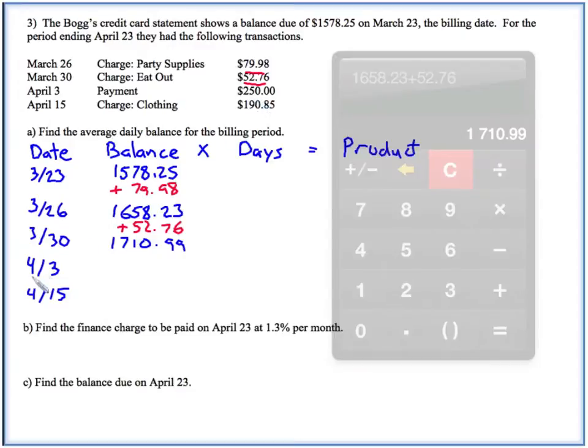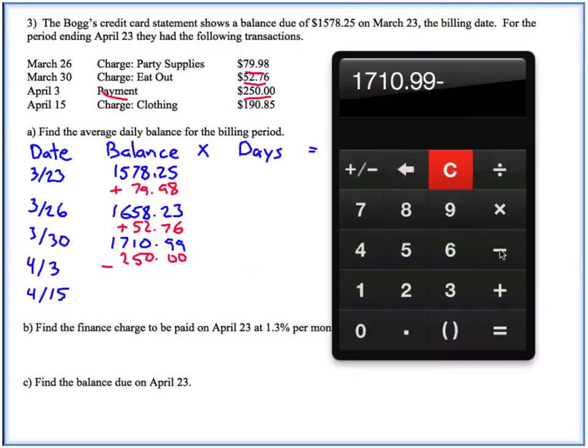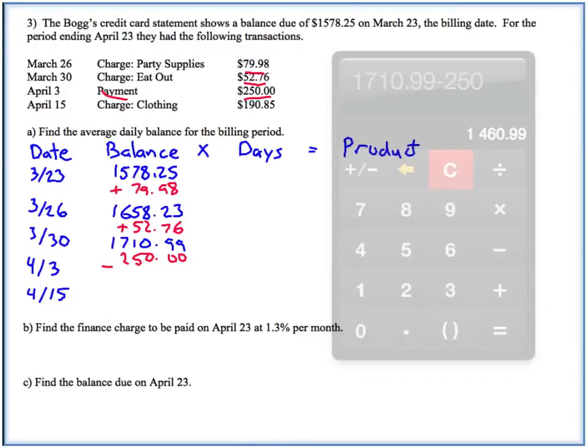We keep going with the same process. So on April 3rd here, now we have a payment of $250, and so it's going to be minus $250 here. Okay, so minus $250. And so now the new balance is 1460.99. And then for April 15th, we have a charge of 190.85.